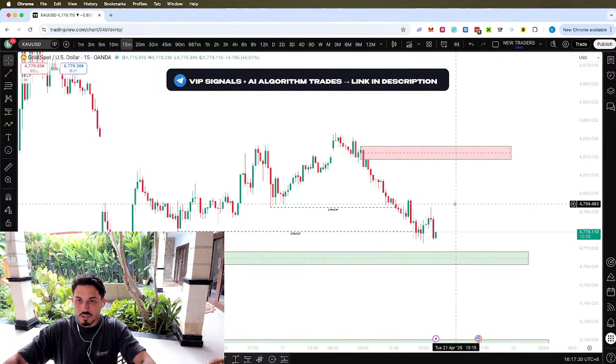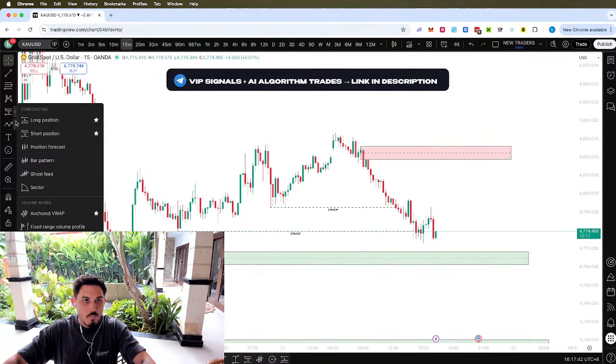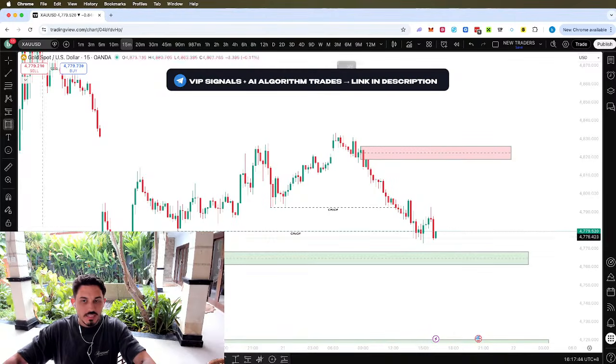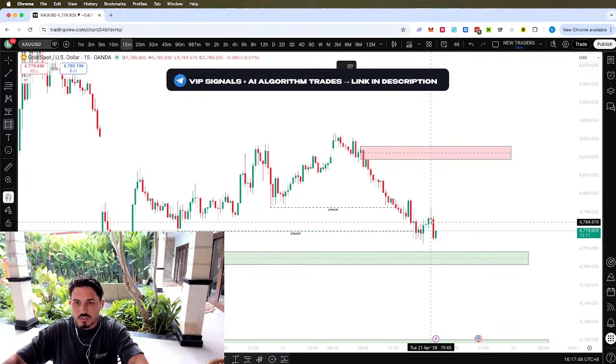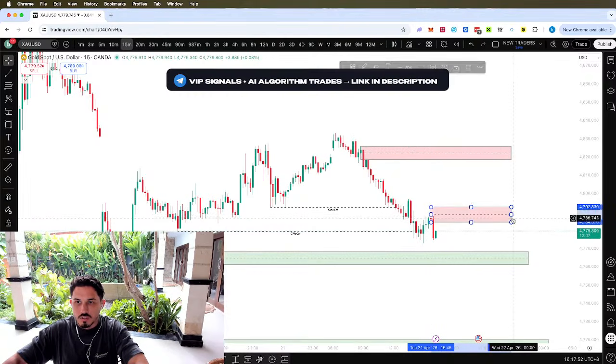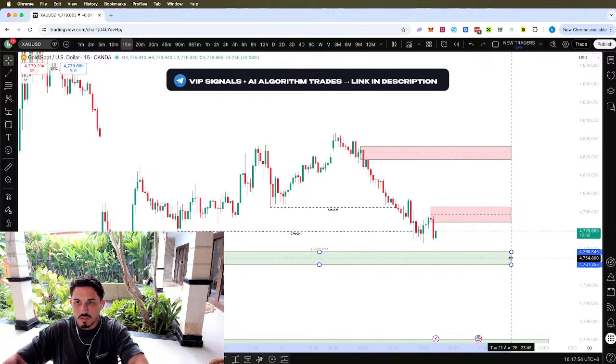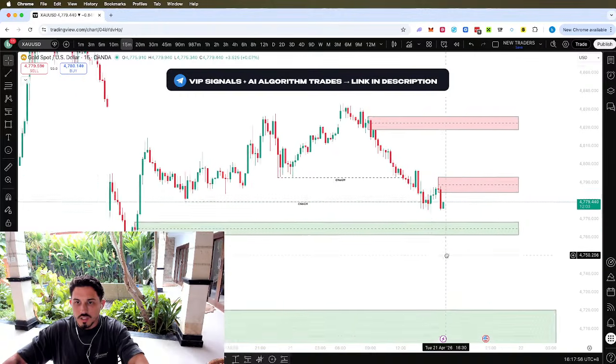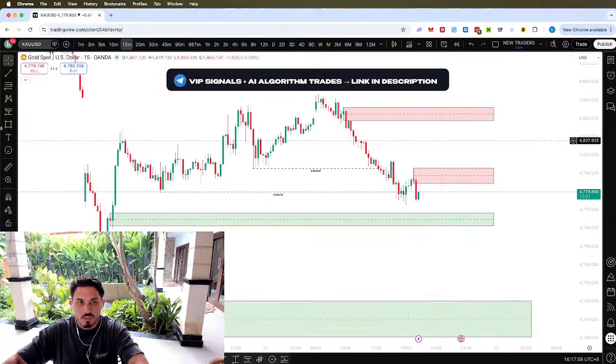This 1 hour candle closed below. There's a chance that we could potentially see a sell happening as well over here. I don't mind taking a sell down to, let's say, these levels as well. Might also be okay, this as well.